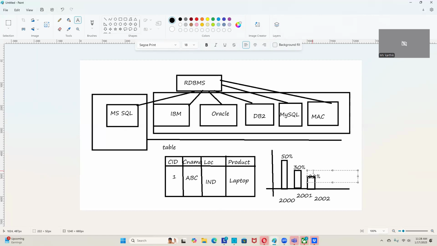Okay, and again in 2003 there is another fall down. Okay, so it reached to again some 10% of sales. Okay, so it fell down to 10% again. In the 2003 year, business again fell down and it reached to 10%.